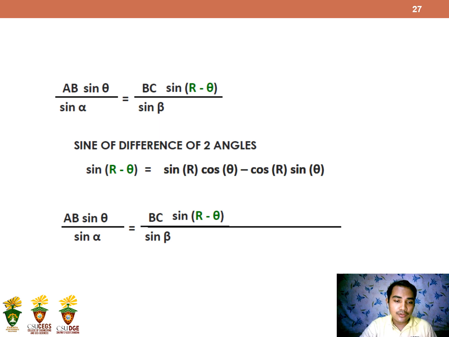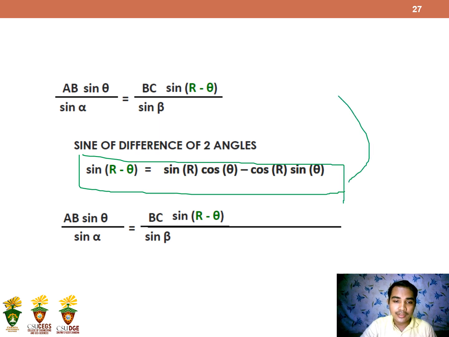So same goes sa atong sine R minus theta. So we have sine R times cosine theta minus cosine R sine theta. So mo na itong gamiton karon to substitute this identity into this equation.